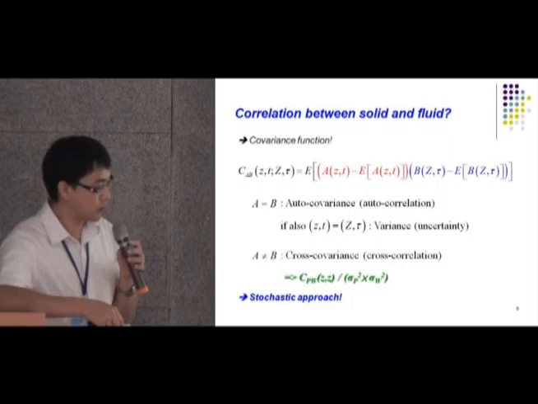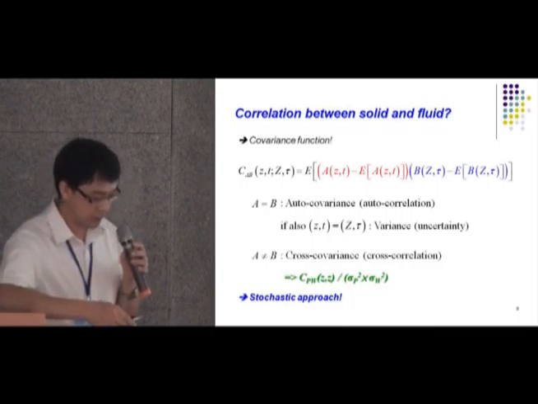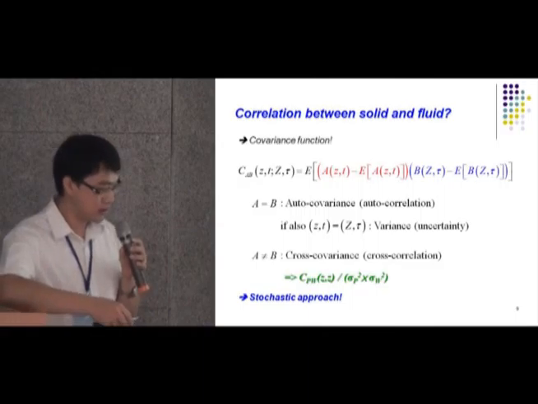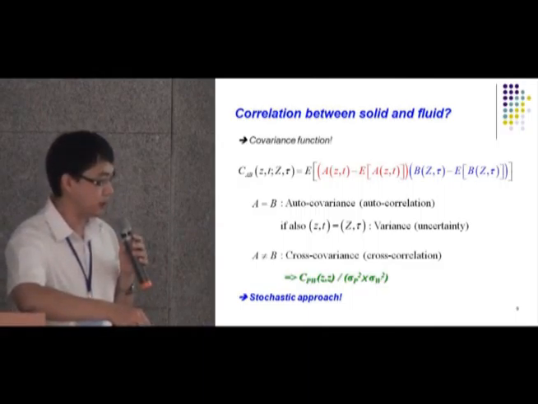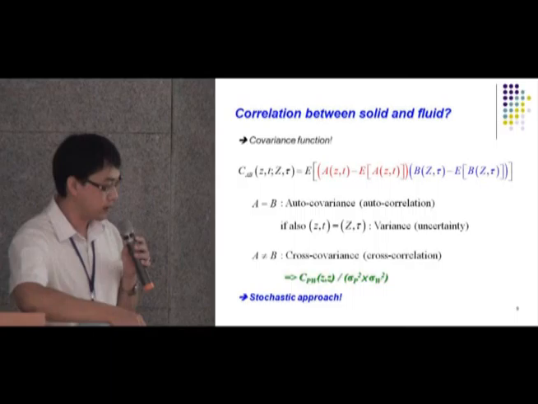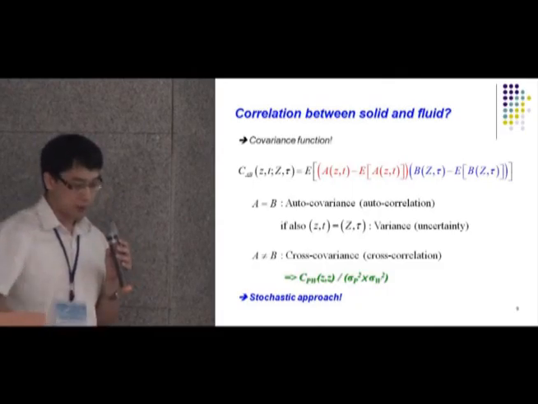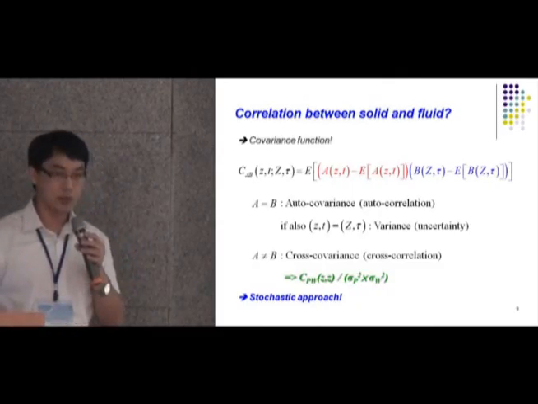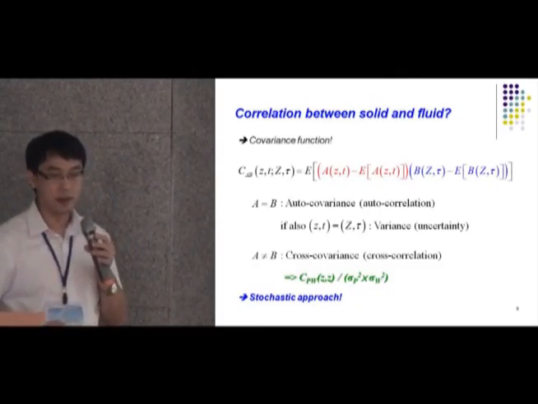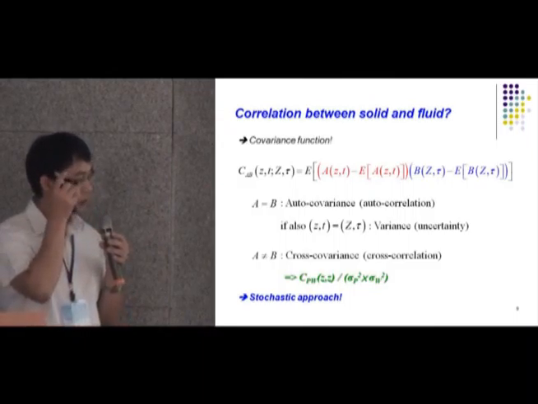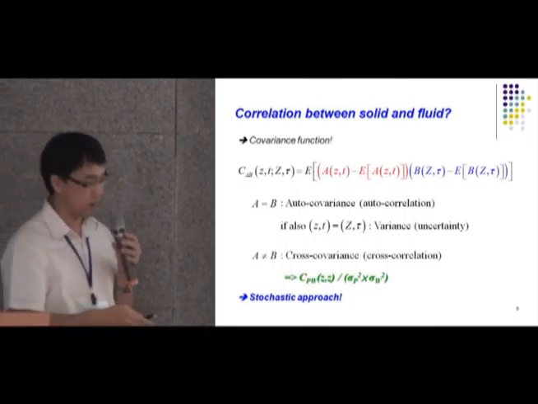If A does not equal B, we call it the cross covariance. And the cross covariance can be calculated to be the cross correlation like this, divided by the variances. So if we can use a covariance function to describe the correlation behavior, maybe we can use it to explain the reverse behavior.